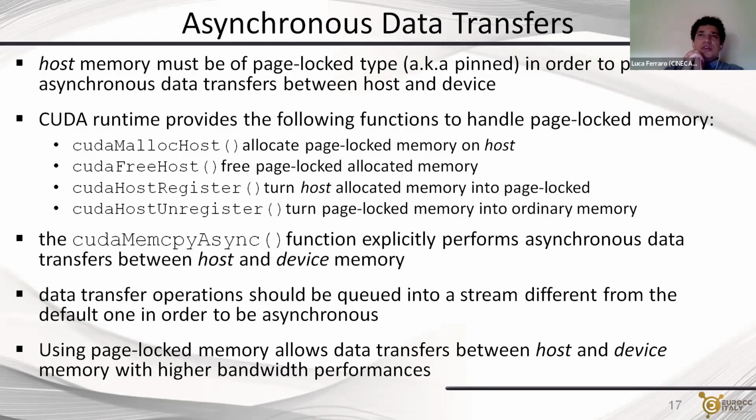In order to make data transfer take place concurrently with kernels, you have to allocate the memory, the buffer of the data you want to move, in a special way. You have to reserve this memory in a page-locked fashion. This is also known as pinned memory.